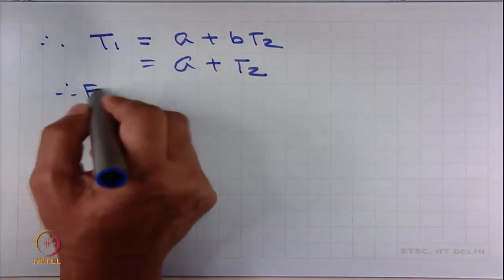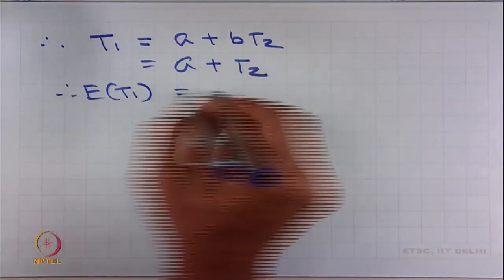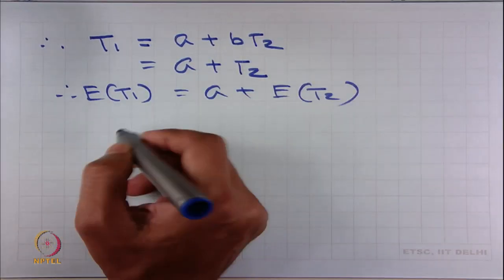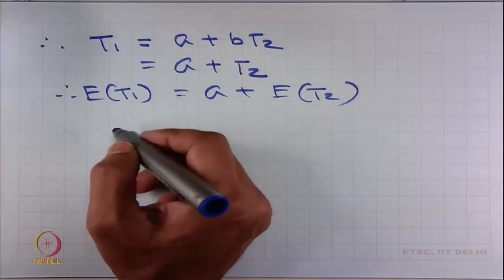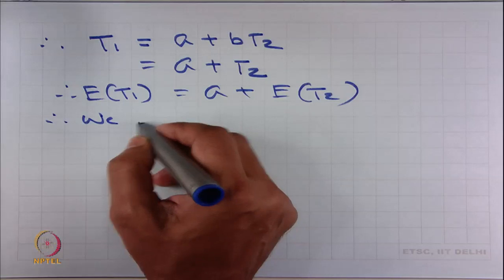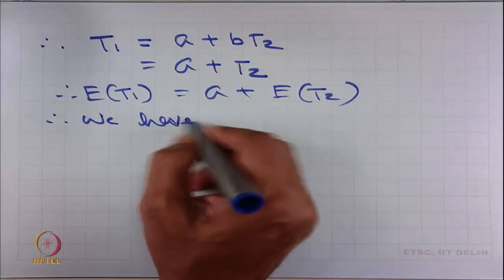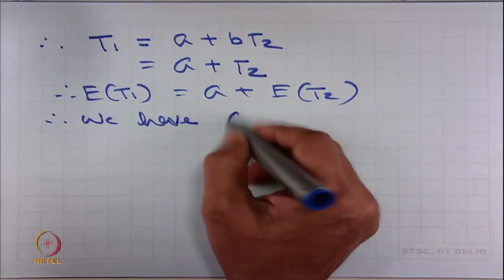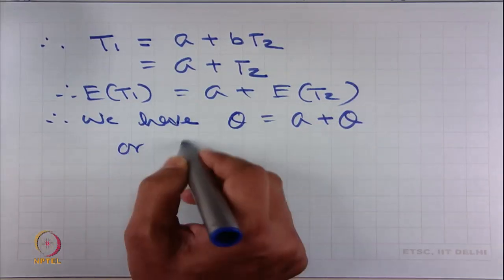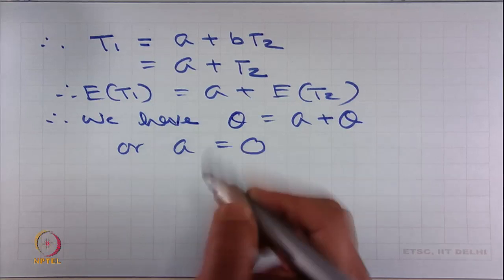Therefore, expected value of T1 is equal to A plus expected value of T2, and since both are unbiased for theta, we have theta is equal to A plus theta, or A is equal to 0.